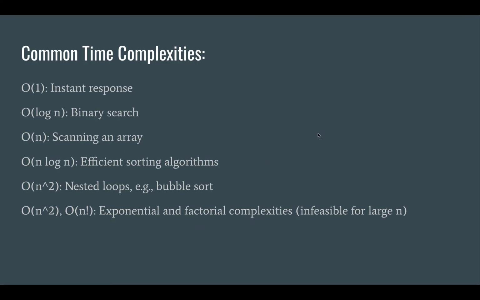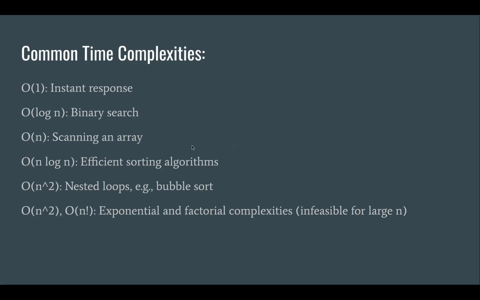Common time complexities. Here are some common time complexities, starting with O(1), our constant time, where the algorithm's runtime doesn't change with the input size. Next is O(log n), which you will often see in algorithms like binary search, which divide the problem space in half at each step. Then we have O(n), or linear time, for tasks like scanning through an array.